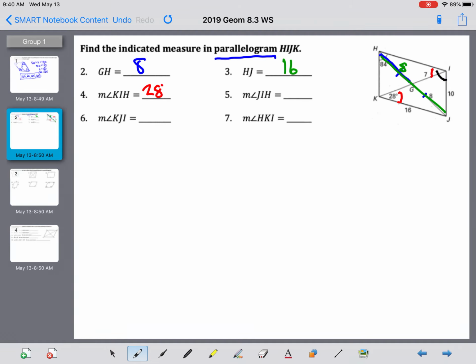JIH, this angle here is going to be the same as, well, these two have to add up to 180. So we're going to take 180 minus 84 and get 96. So this will be 96 degrees, again because of theorem 8.6.